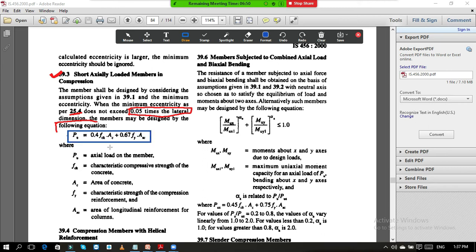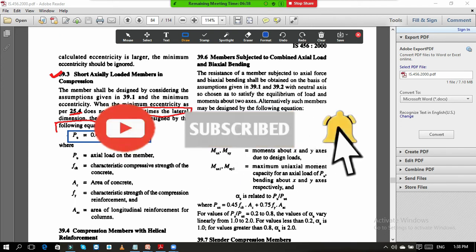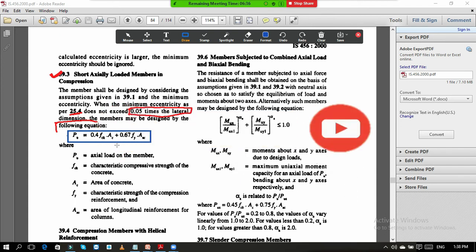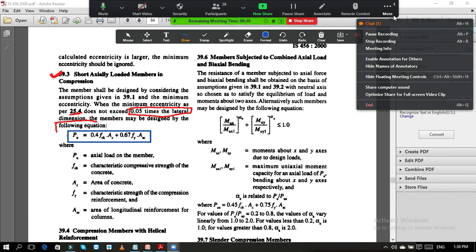Pu is equal to 0.4 fck Ac plus 0.67 fy Asc. Okay, so this is the equation that we need to use. But when can we use this equation?